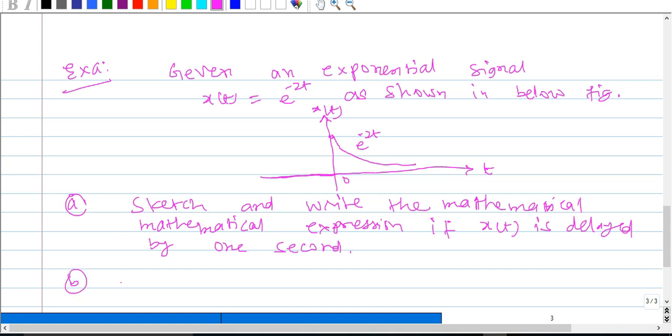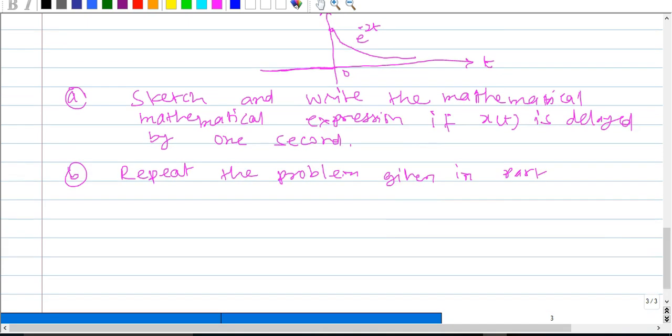And in part B, repeat the problem given in part A if x of t is advanced by 1 second.